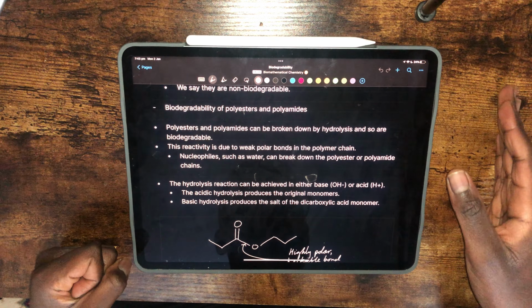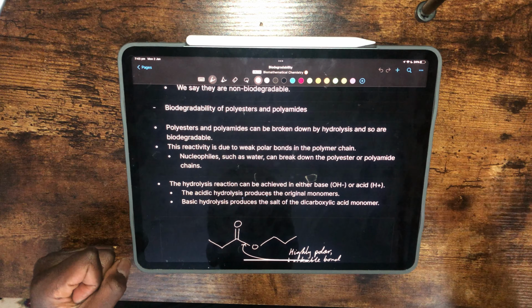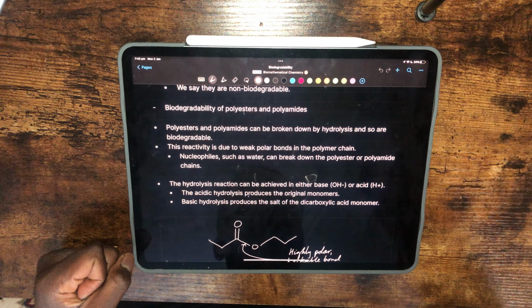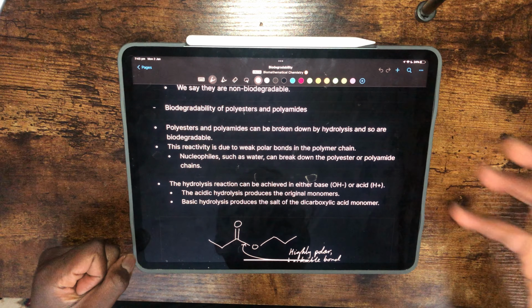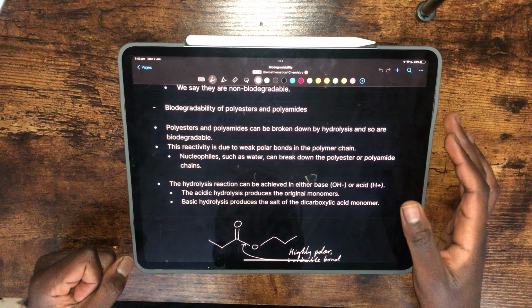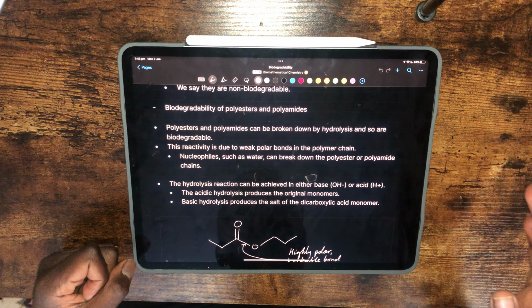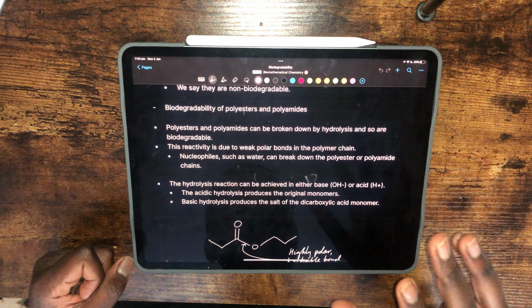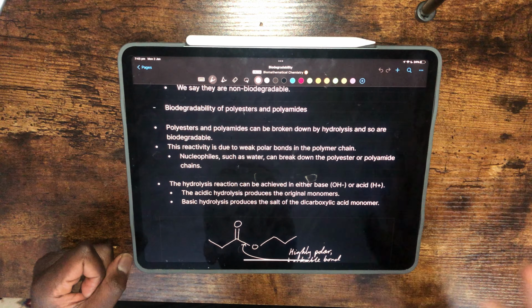But if I was to leave the polyamide bags in a landfill with water and a base of sorts, and let them biodegrade, they would biodegrade very easily. Those bonds would be broken really easily. In the presence of a base or acid for hydrolysis, they break down very easily.